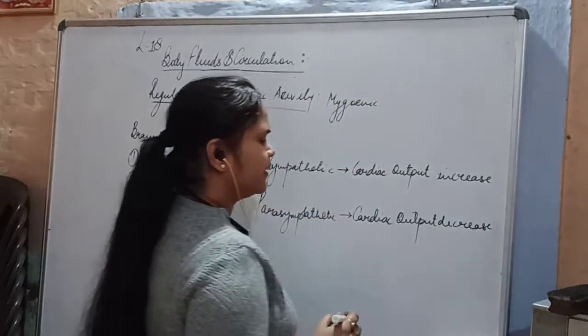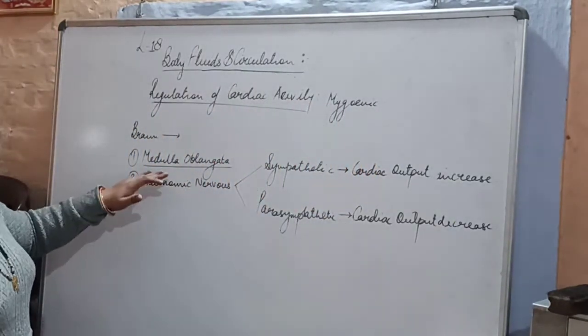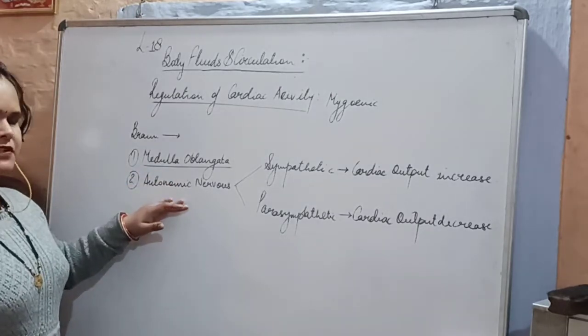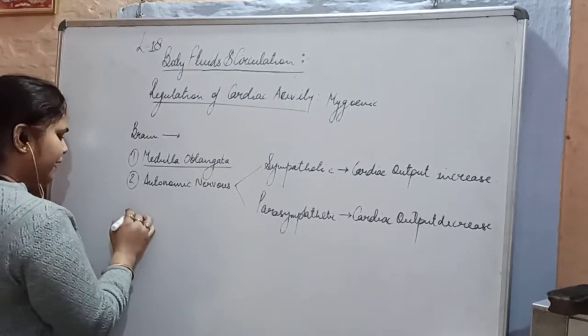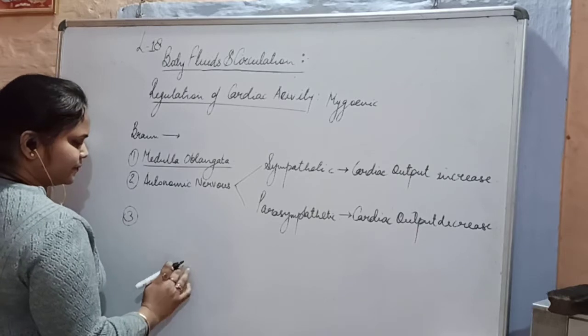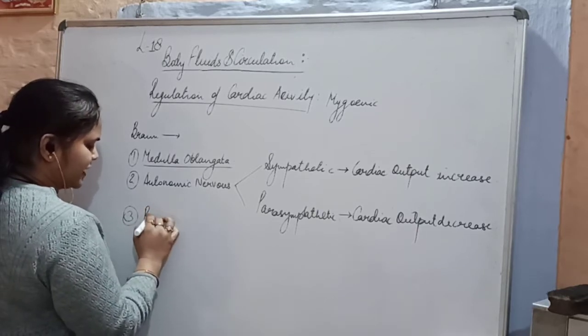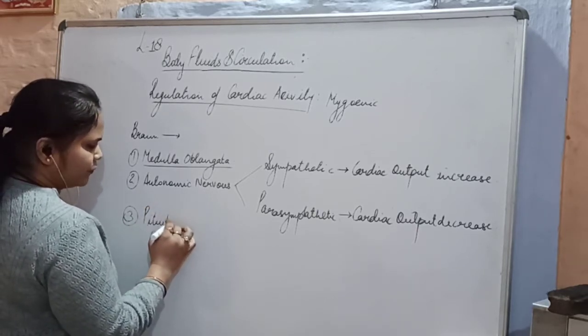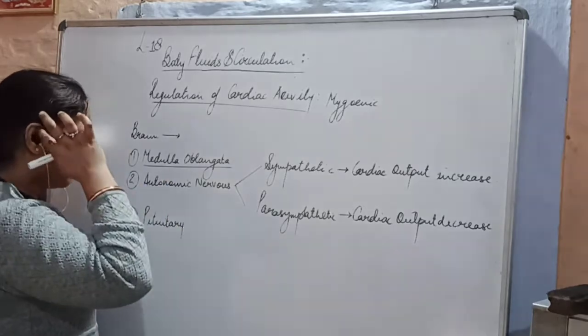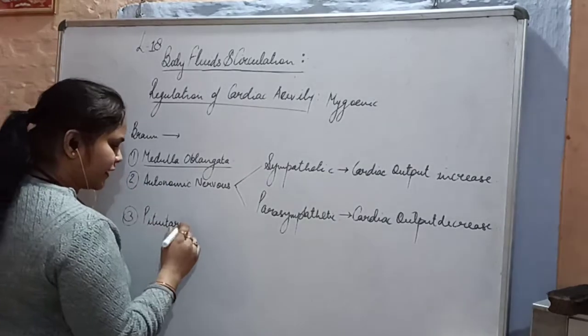So from these two things we know that the medulla oblongata and the autonomic nervous system function. Now one more important thing, certain hormones are there which are going to regulate this.